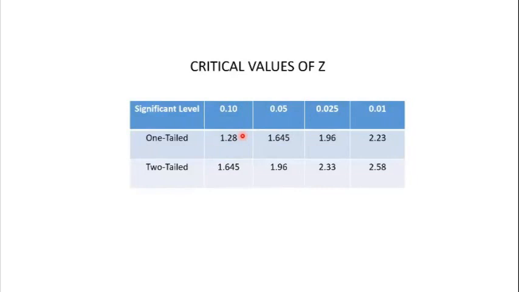So ito yung hahanapin natin sa table, yung value ng 0.10. Well, for the two-tailed test, since ang two-tailed test is dalawa yung rejection region niya, so yung 0.10 is divided by 2 natin, we have yung 0.05. So ito yung value ng 0.05 sa table natin ng Z distribution.